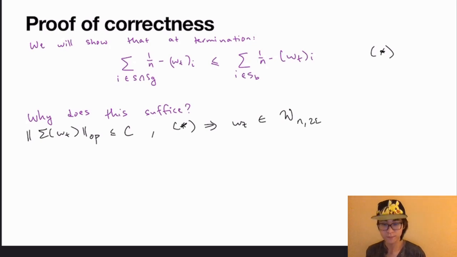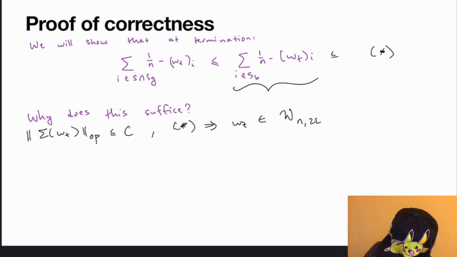Why is that? Notice that first of all this quantity is at most epsilon. This is because even if the Wti's are 0, the sum over i in S bad of 1 over n is at most epsilon. So that means that both quantities here are at most epsilon.